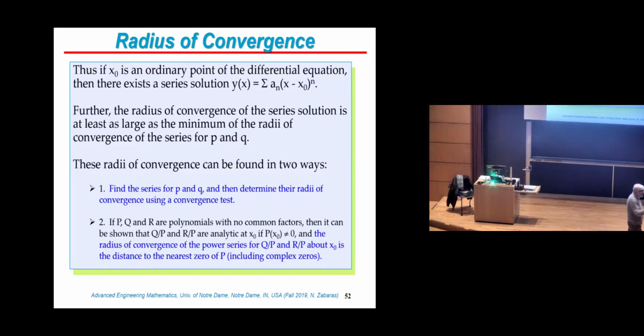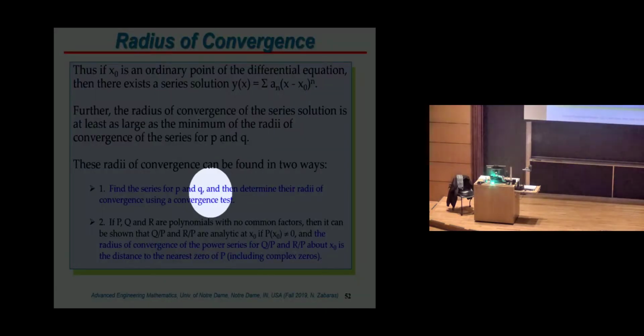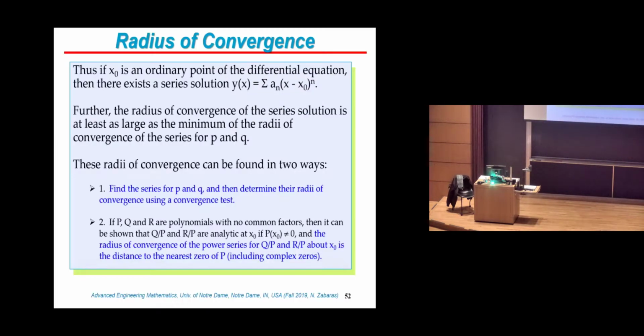So when you write an expansion for p in a power form, right, it has some radius of convergence around x0, some little interval. How do you think this radius of convergence for little p and q relates with the radius of convergence for y? What would be an obvious thing to say? That the radius of convergence of y is equal to what?